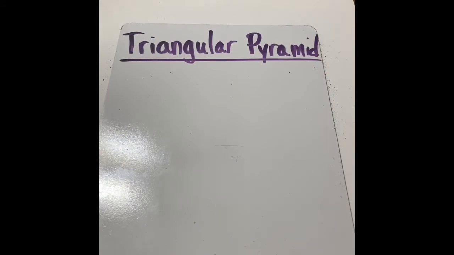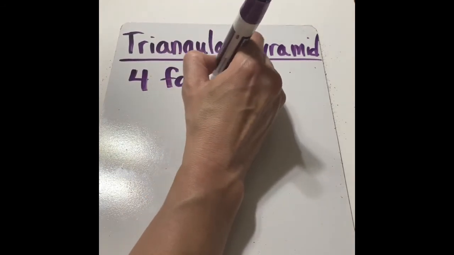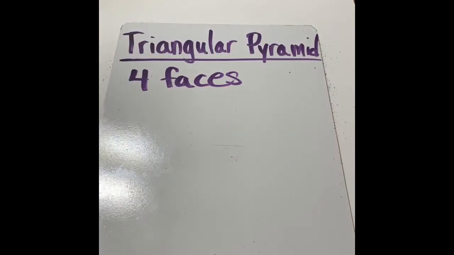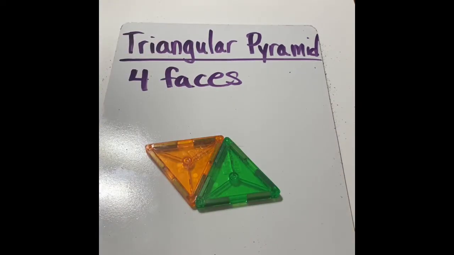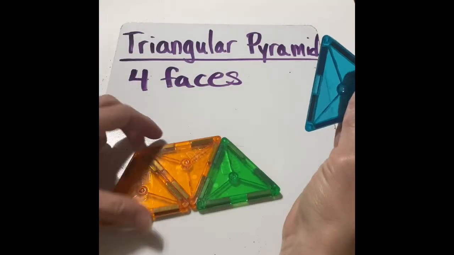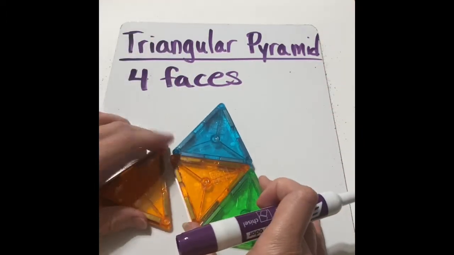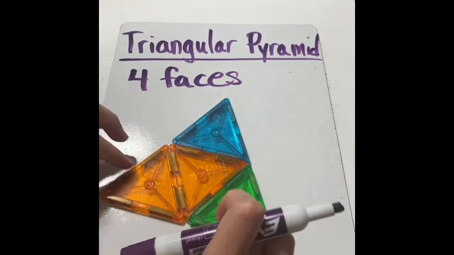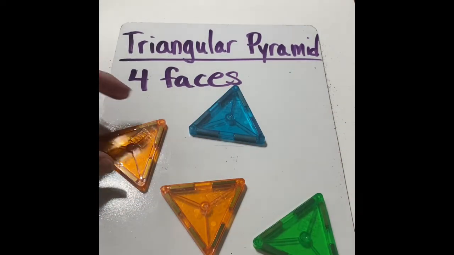The next one is a triangular pyramid. The triangular pyramid has 4 faces. It's named that because at the bottom we have a triangle, and you can see 4 triangles.